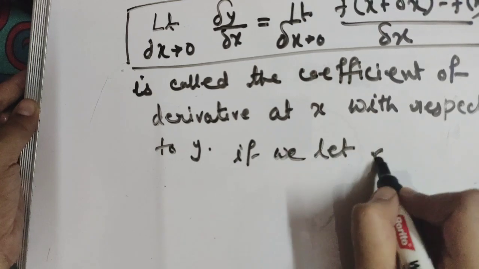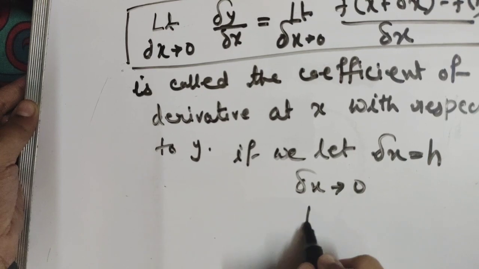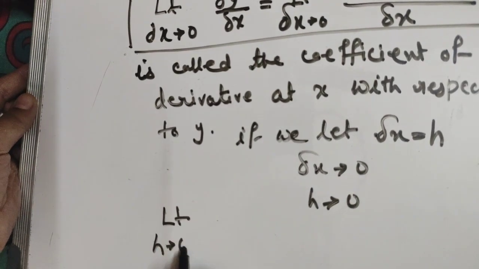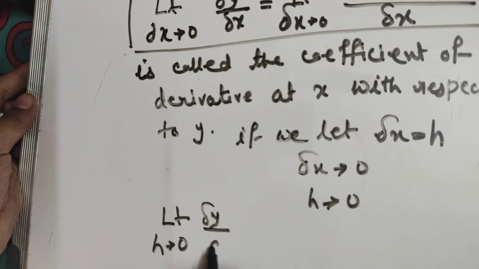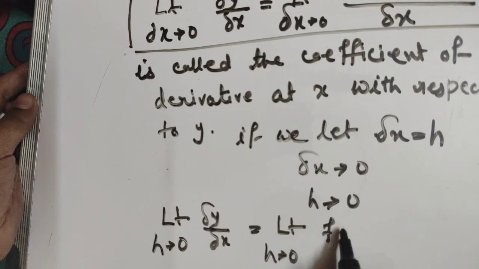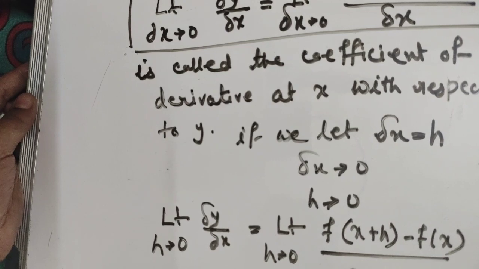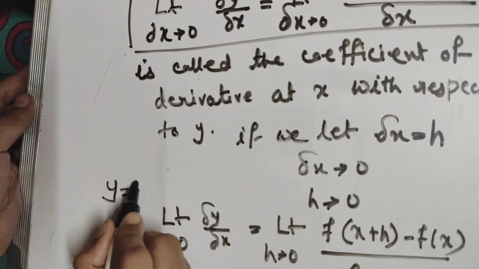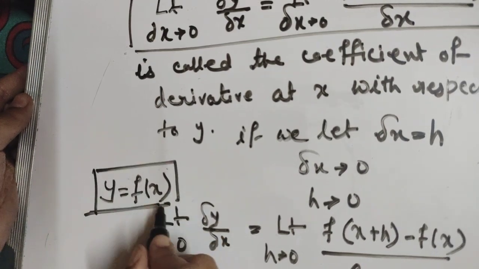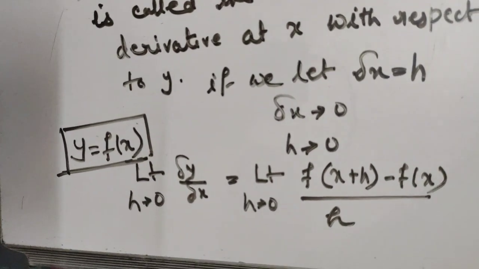Now if we let del x equal h, then del x tends to 0 means h tends to 0. So limit h tends to 0, del y by del x equals limit h tends to 0, f of x plus h minus f of x divided by h, where y equals f of x, because at first we assumed that y equals f of x is a real valued function.